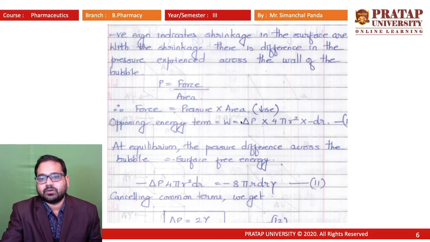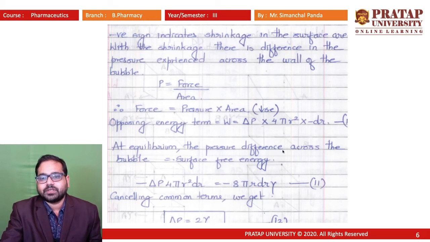In place of force, we write delta P into 4 pi r square, the area, into dr, the change in radius.